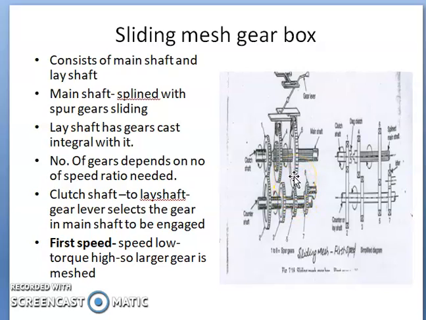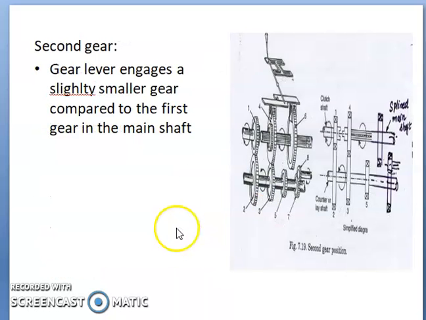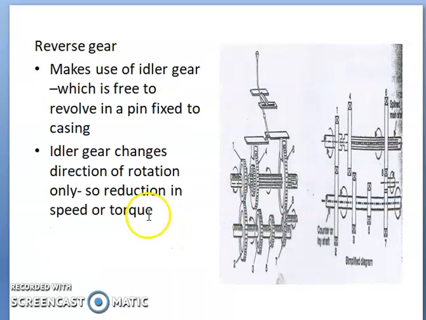For the second speed, the second largest and the second smallest. And for the third gear, we directly engage the clutch gear with the main shaft by the use of the dog clutch.